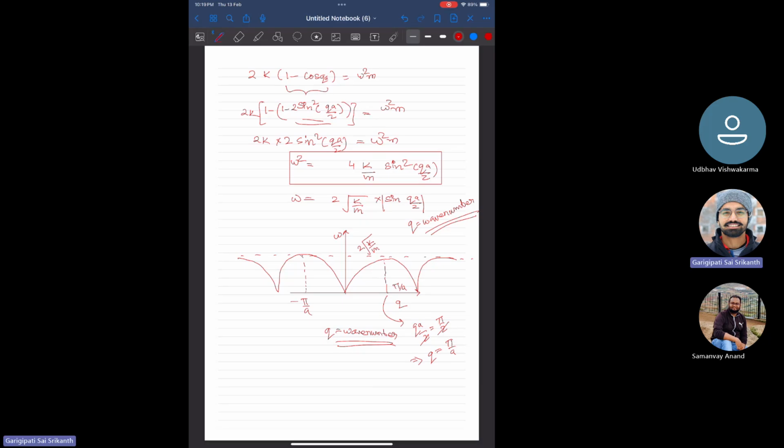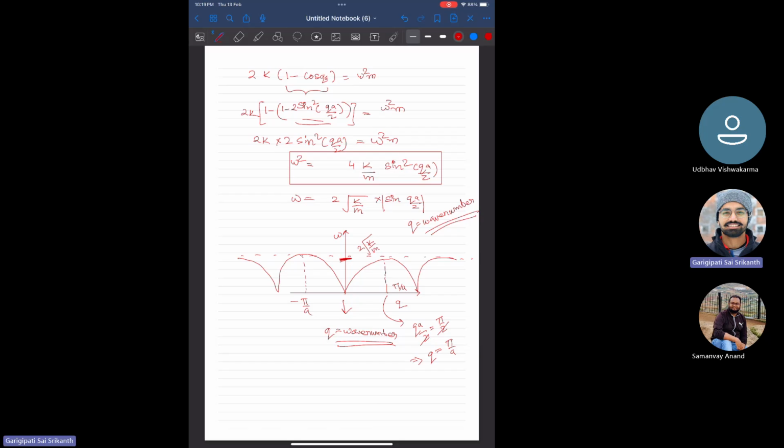It's easy to understand that this plot will never have negative omega values, and we know that sine of any value cannot exceed 1. So that means the maximum value will be 2 under root k by m. That is the maximum value of omega that is possible in this system.